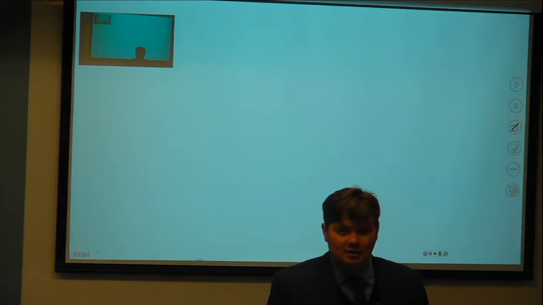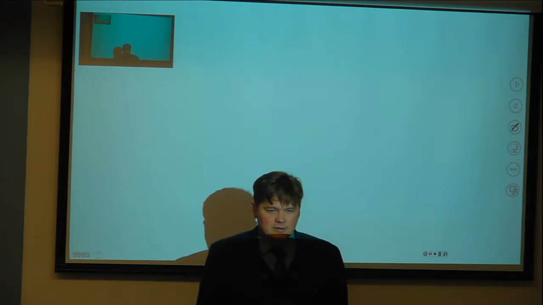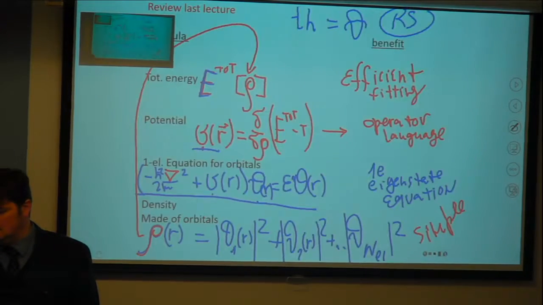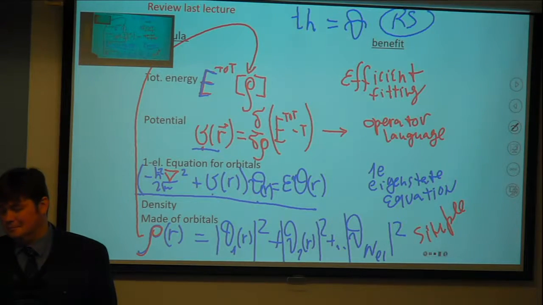What is our argument? The function of density. Which function? Density. Yes, density. And what are we getting in return? Energy. Yes. So we are targeting total energy as a function of density. Good. I was intending to write it down. Otherwise, there will be no pedagogical value.